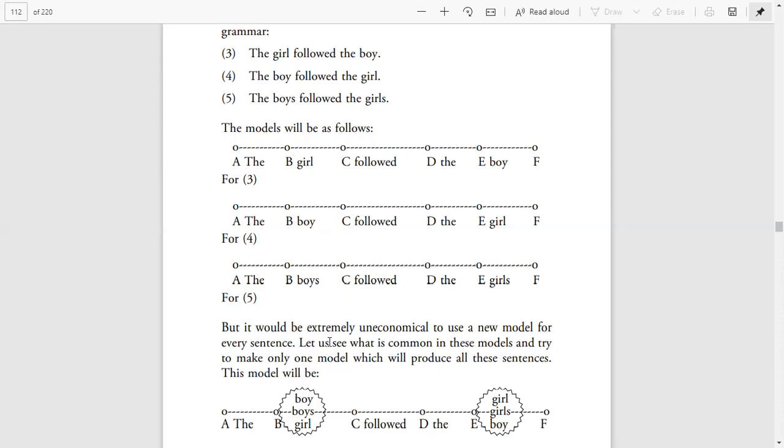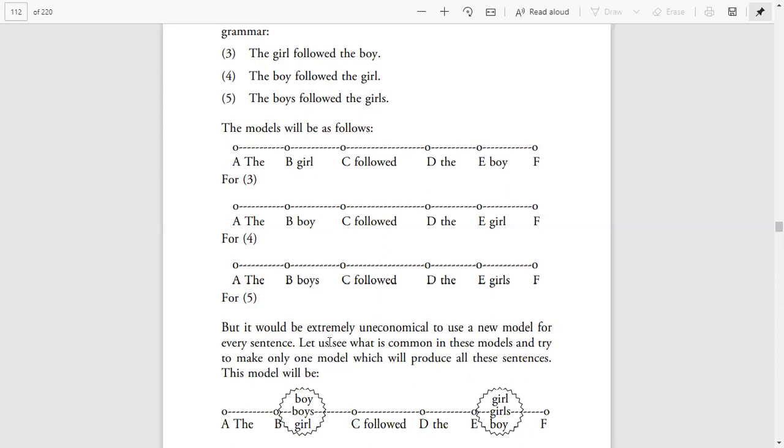But it would be extremely uneconomical to use a new model for every sentence, right? Let us see what is common in these models and try to make only one model which will produce all these sentences. Trying new models for each sentence is not an economical thing, right?